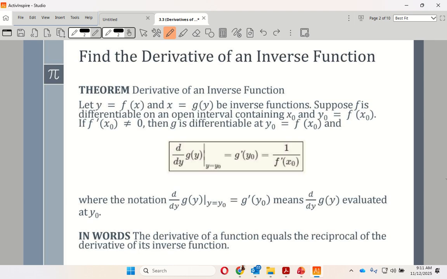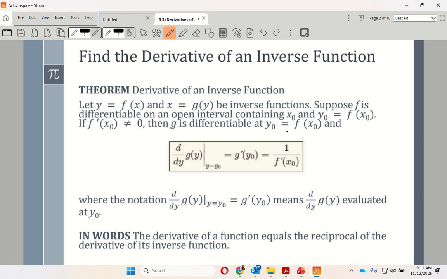The theorem of an inverse function: if y is equal to f of x and x is equal to g of y, inverse. Suppose f is differentiable on an open interval containing the initial x and y, where y is equal to f of x initial.